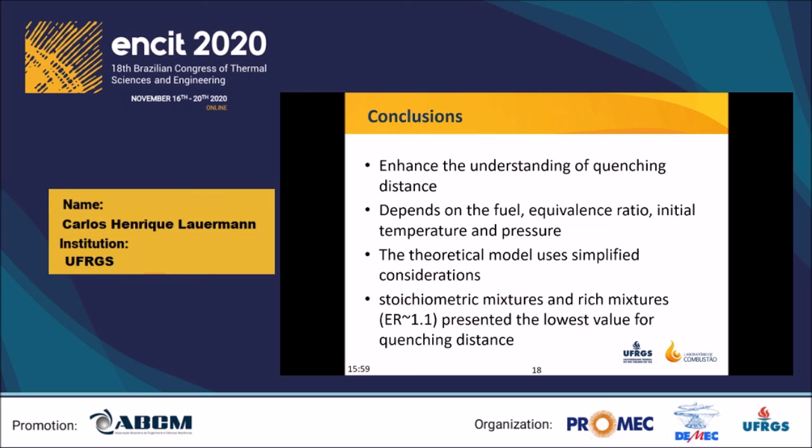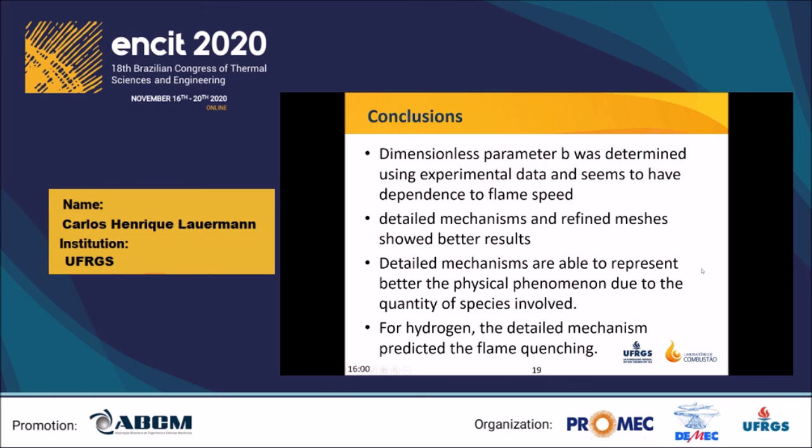The stoichiometric and rich mixtures, when the equivalence ratio was between 1 and 1.1, presented the lowest value for the quenching distance. A dimensionless parameter B was calculated using experimental data and seems to depend on flame speed.